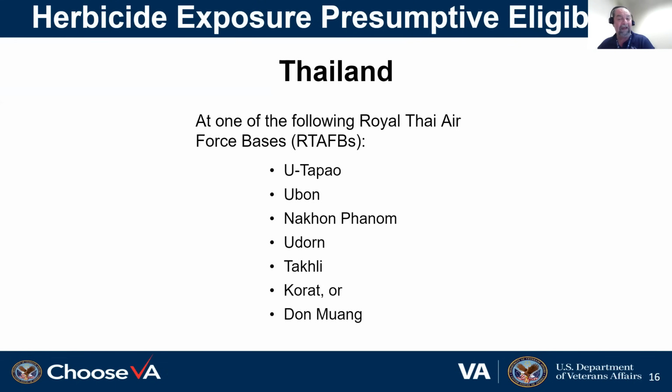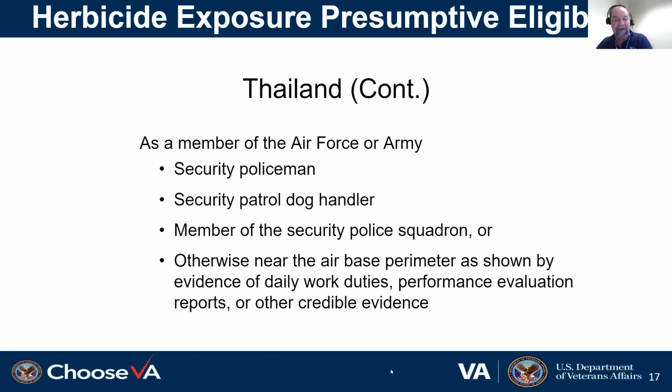And if an individual was in close proximity to that, then they would also be considered to being exposed to some type of herbicide or to Agent Orange. But it does not include everyone that was stationed at that base. So if we go to the next slide, it'll clarify a little bit better who those individuals are.